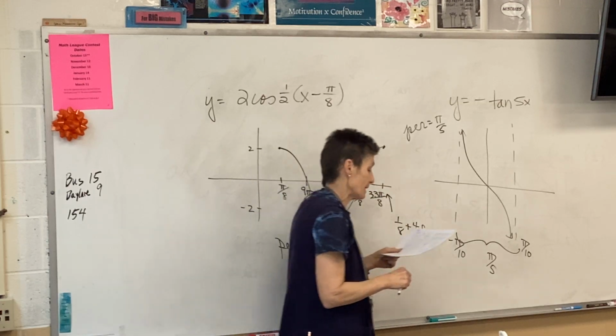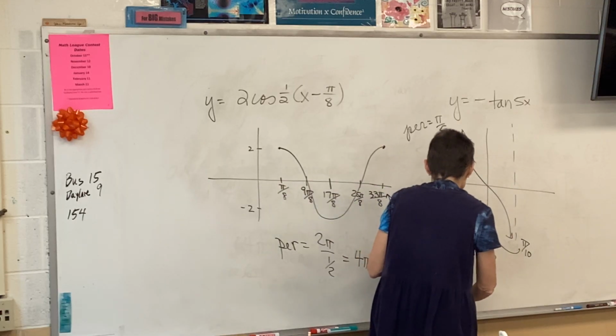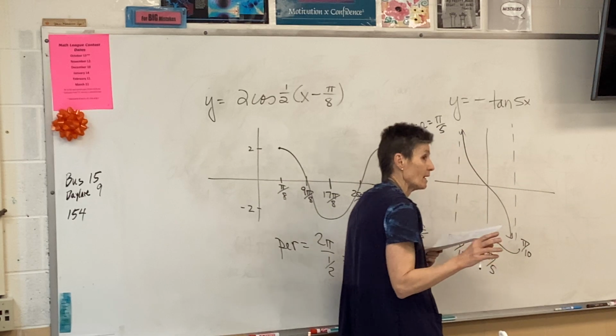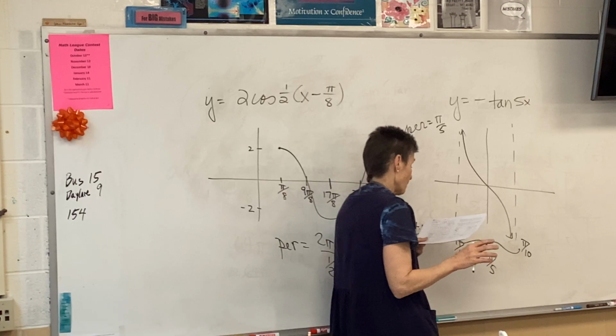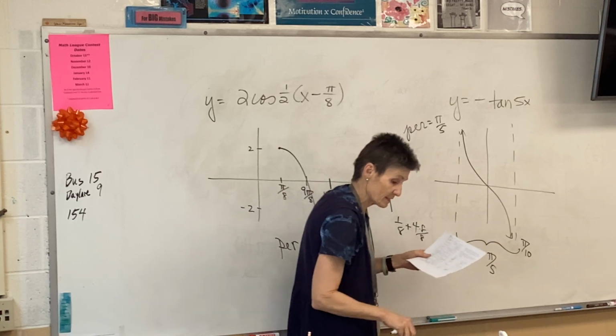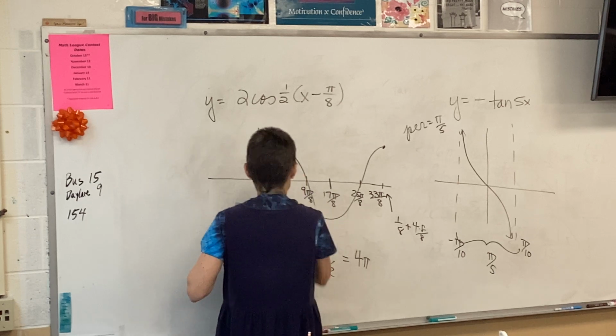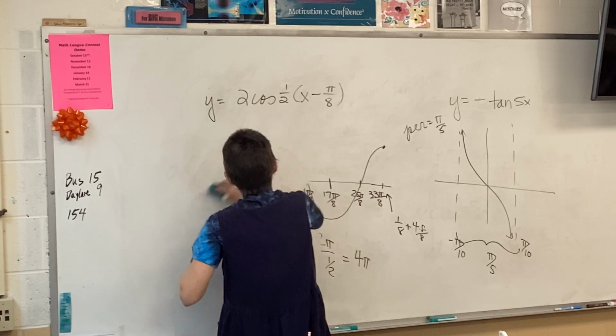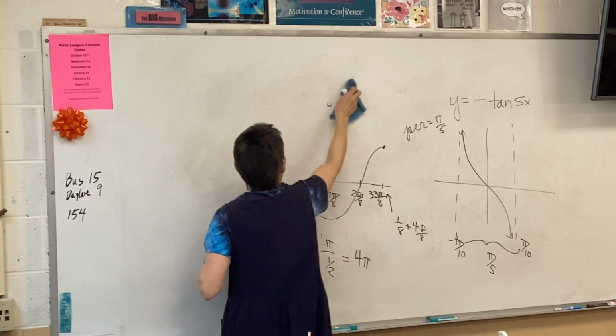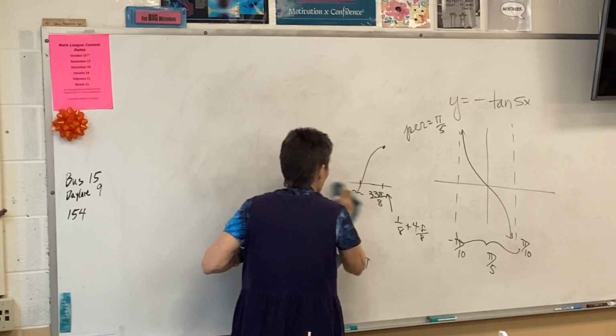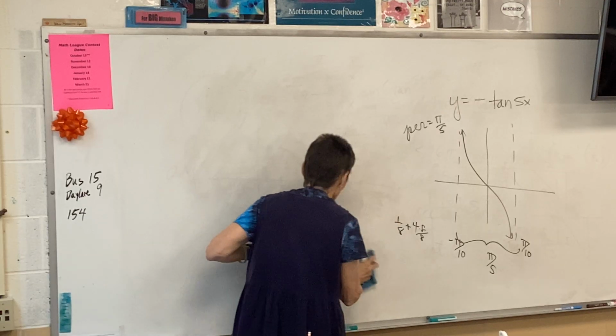All right, number 10. Write the equation. Notice we haven't broken out our calculator yet. That's crazy. Write the equation of the sine and cosine for this curve. So we remember that sines and cosines are essentially the same shape.